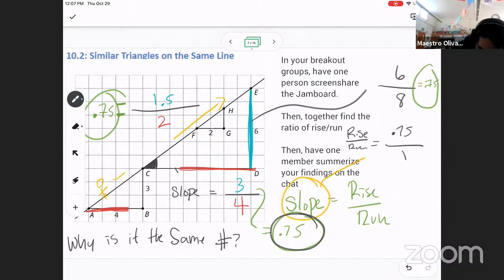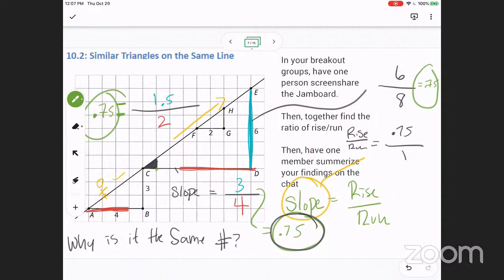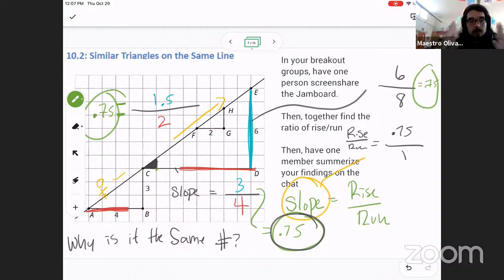What's the run of the little triangle? ¿Cuánto mide de aquí a aquí? ¿Cuánto mide the bottom part? Oh, 1.